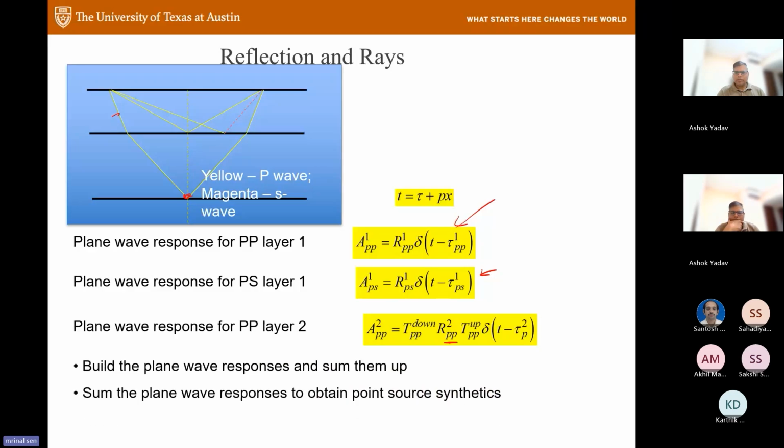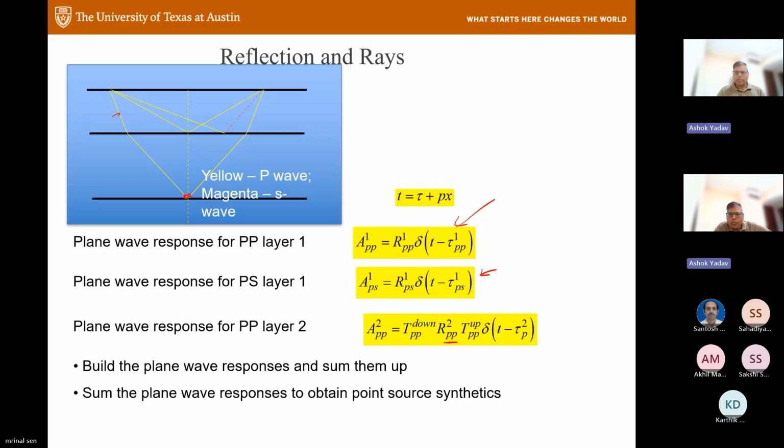This way you can build the plane wave responses and sum them up. Then you do the tau-p transform to the x-t domain, the plane wave transform, and that gives you point source responses. Is this procedure clear?